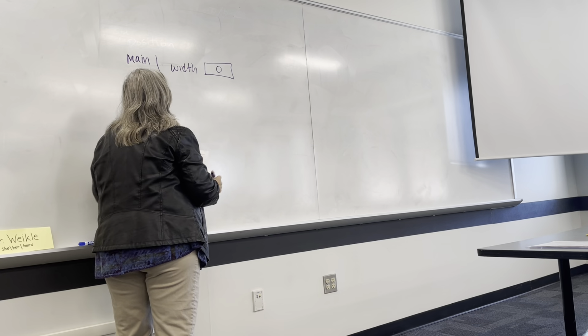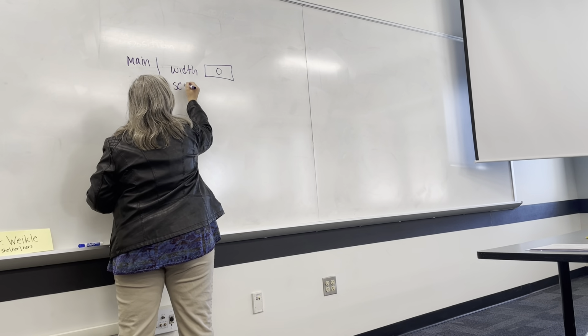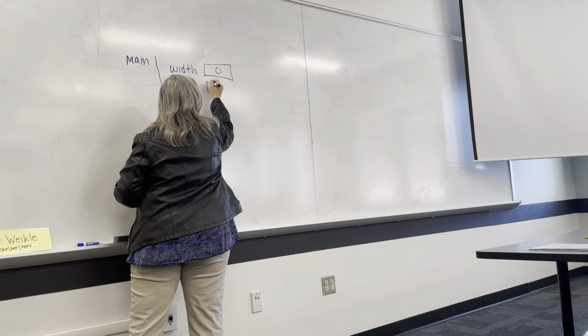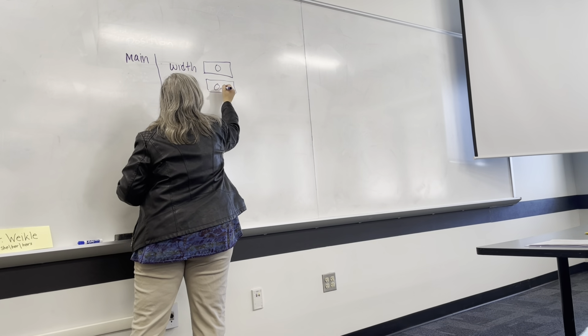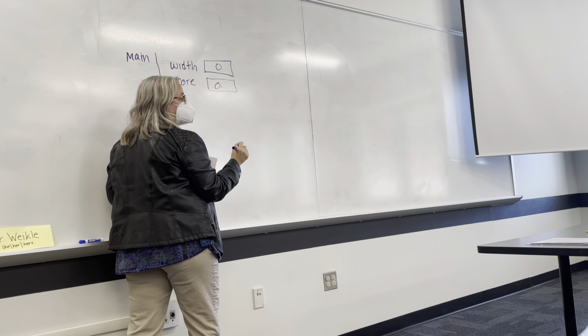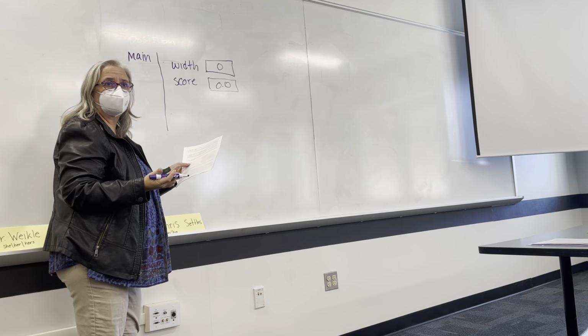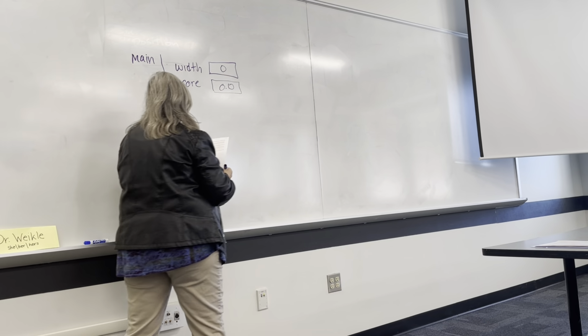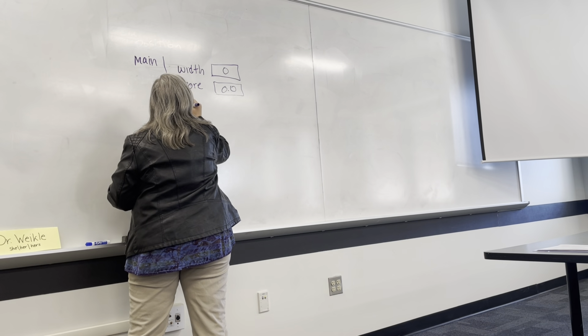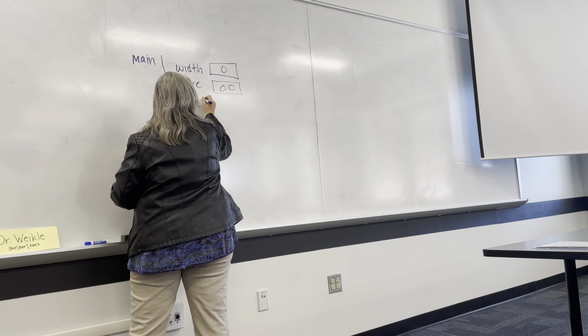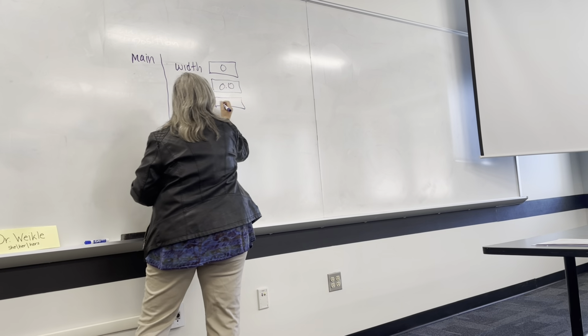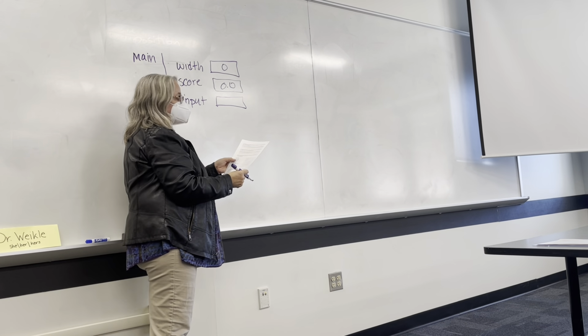Score is a double. So what is the default value for score? 0.0. That's just to let me remember that it's a double. You wouldn't have to put that in. Input is an object.